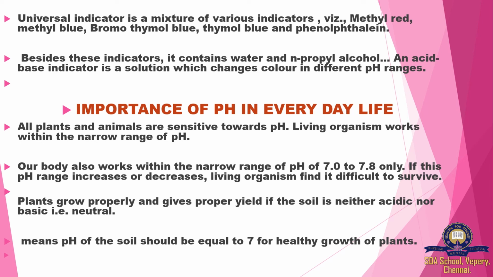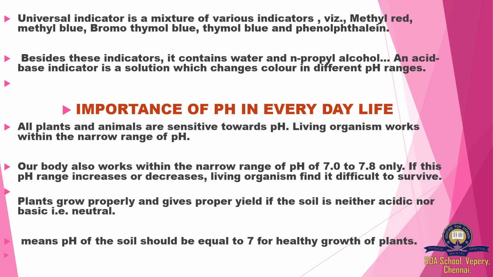Besides these indicators, it contains water and n-propyl alcohol. An acid-base indicator is a solution that changes color in different pH ranges. So this universal indicator can show varying color changes based on the pH range of the given solution.